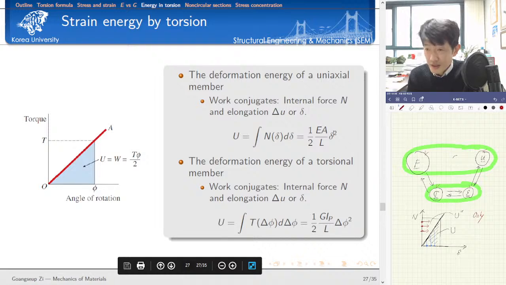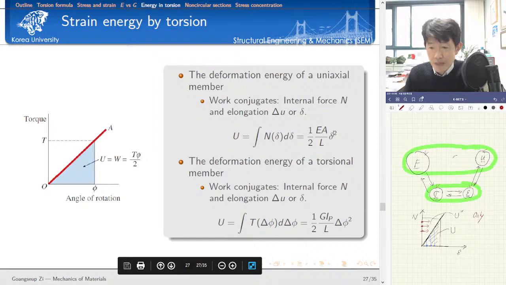If you consider the external forces, the energy pair to external forces is the displacement. So we have to consider these two components to calculate the external energy. If you go into the material point level, then we need to consider stress and strain to calculate the deformation energy density. And at the member level, we need to use the internal force and the elongation.